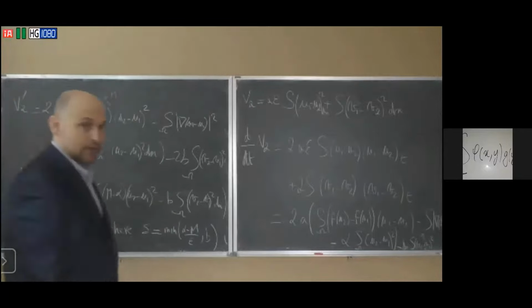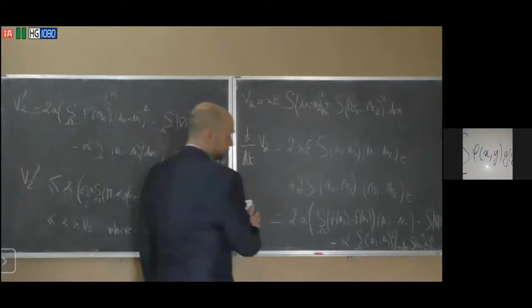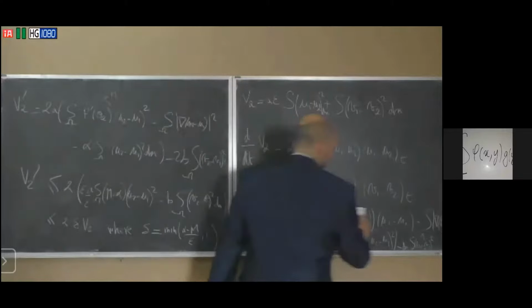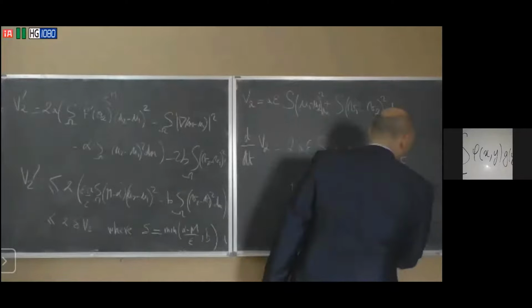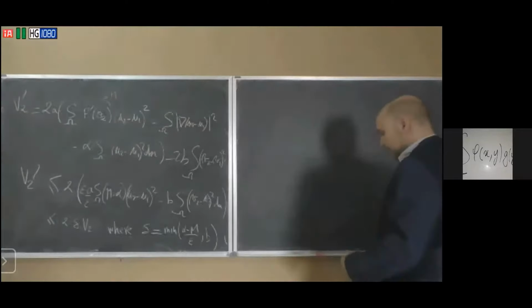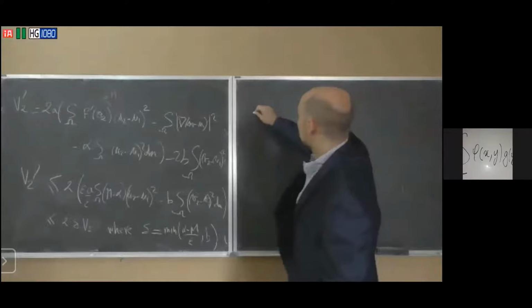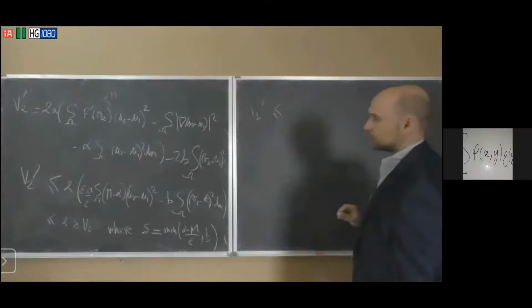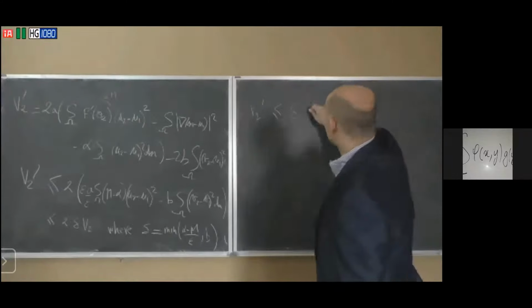So which means that we have V2 prime which is less than delta V2.